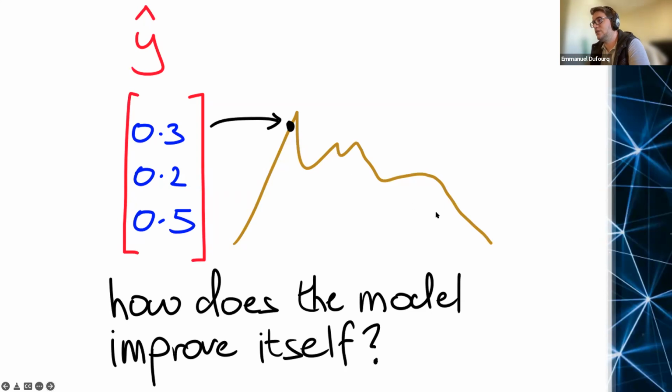This is why I'm saying we start off with a bad loss: because we randomly initialize the weights, and we have no way of knowing in advance what good weights are.